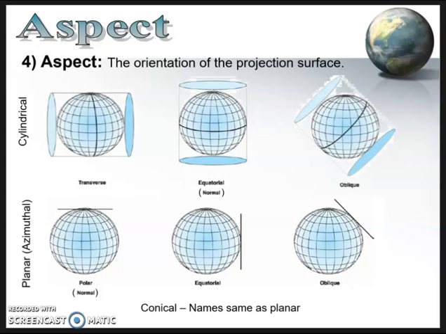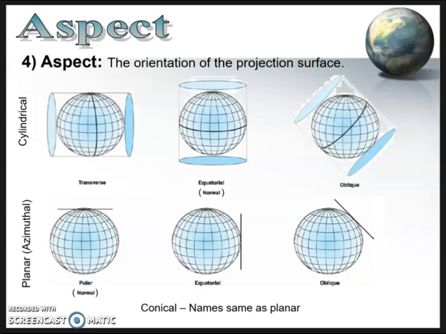A normal aspect, sometimes called a polar aspect, is centered on the Earth's imaginary axis that intersects the poles of the generating globe. In a cylindrical projection, this means the cylinder wraps around the equator. A transverse aspect, sometimes called an equatorial aspect, is centered on an imaginary axis that intersects the equator of the generating globe.